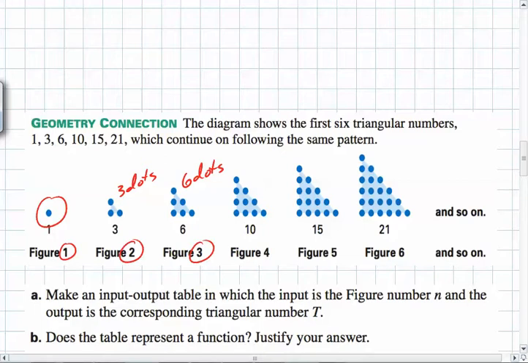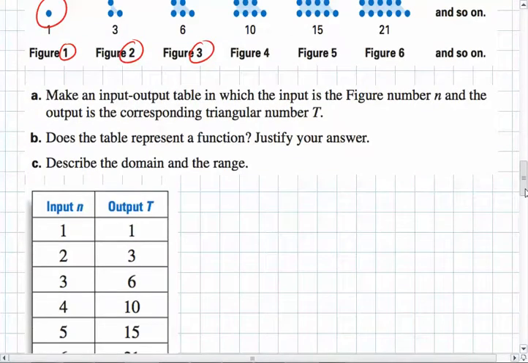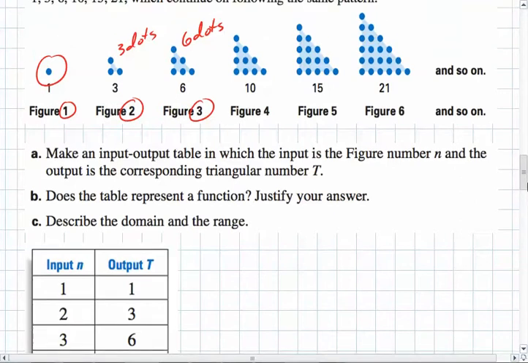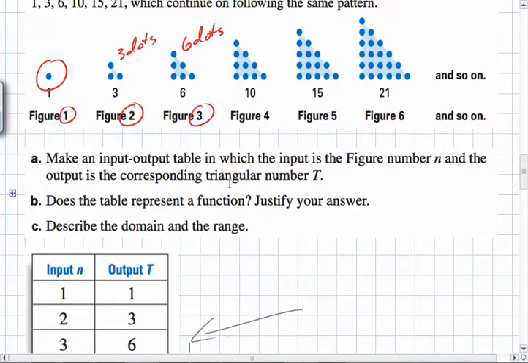So first we're going to make an input-output table that keeps on increasing. And here's the input-output table that we end up with. Figure 1 correlates to 1 dot, 2 to 3, 3 to 6, 4 to 10. So this right here would be the input-output table for this function, which maps the figure number to the number of dots.